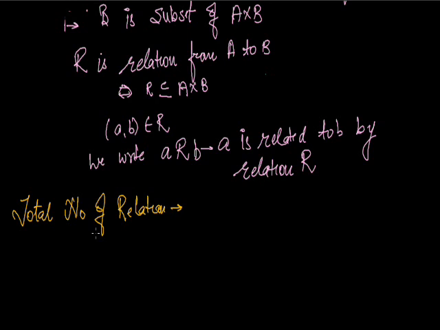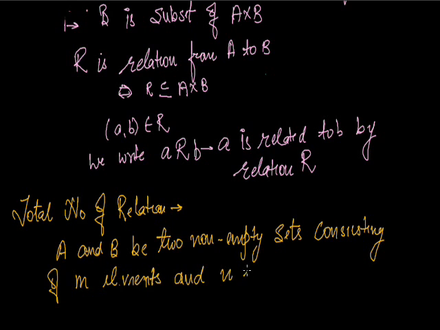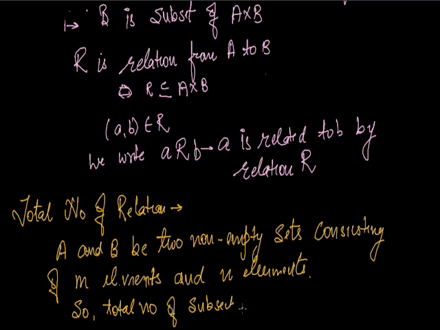If we have two non-empty sets A and B, with set A consisting of m elements and set B consisting of n elements, then the total number of subsets in A cross B is 2 raised to the power mn. So this is the total number of relations also.